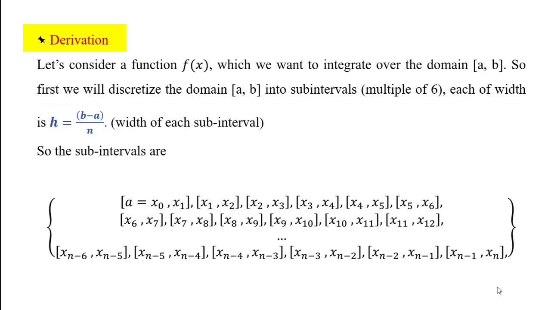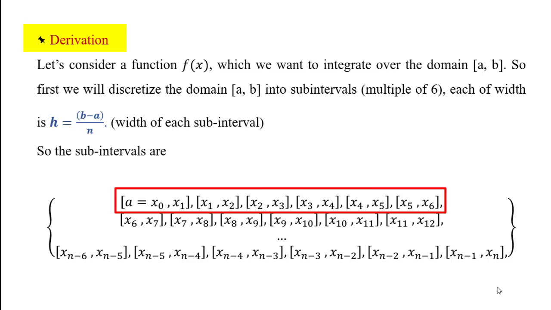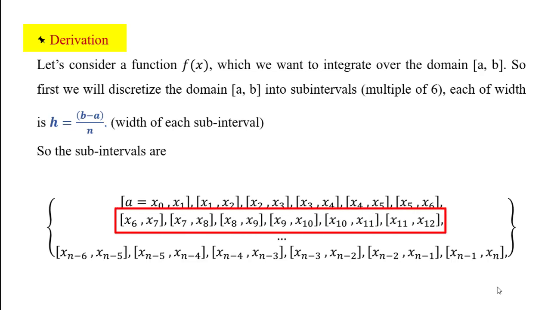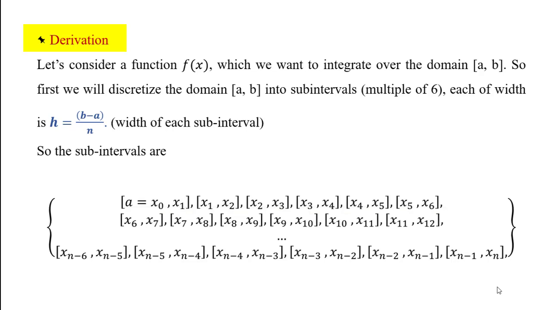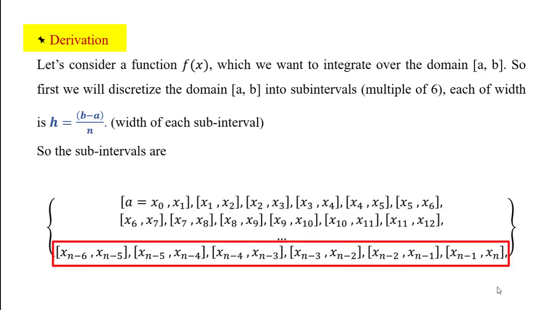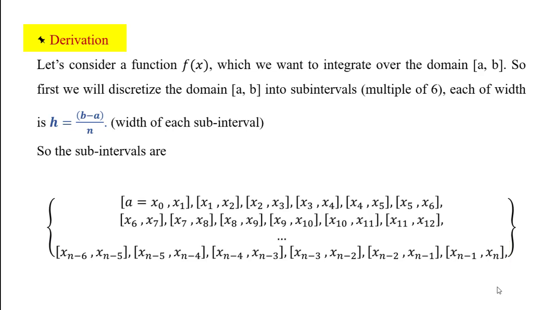So the subintervals are, here is the first group of 6 subintervals, here the second group of 6 subintervals, and so on up to the last group of 6 subintervals. First we will derive a formula for the first group of 6 subintervals, then for the second group, and at the end for the last group.